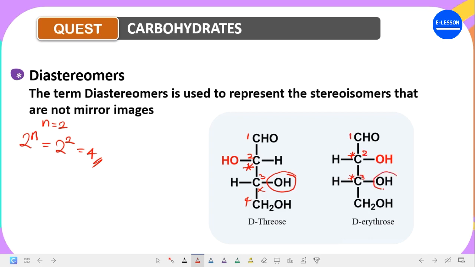The third carbon here should determine if they are enantiomers or not. But if you look at it very well, you agree with me that the third carbon has the OH group at the same position, on the same side. So these are not mirror images. Are you getting it now? And hence, they are not enantiomers.